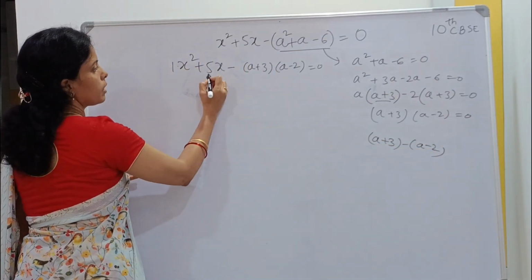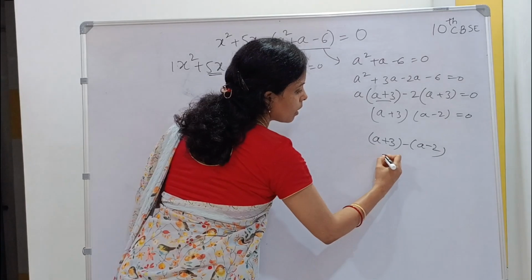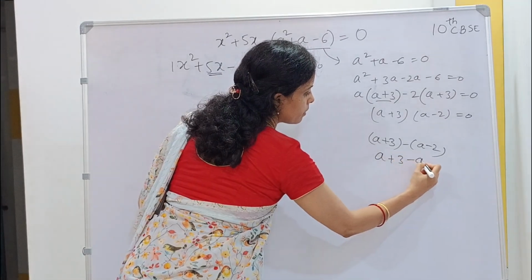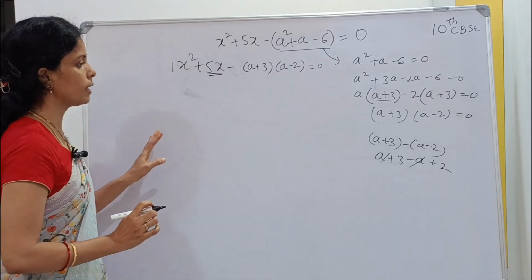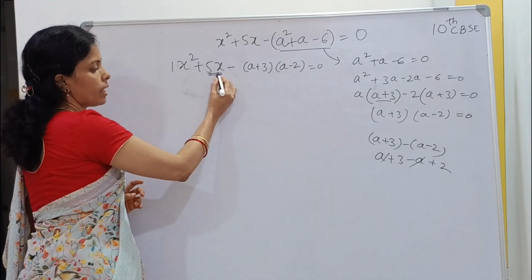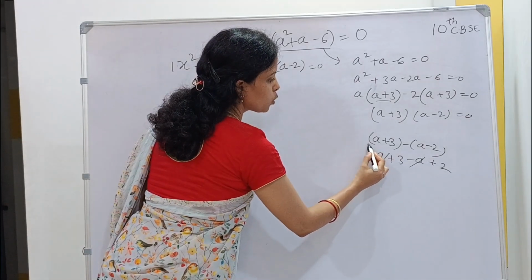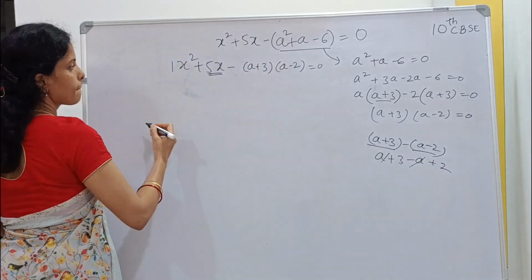When we do like this to get the middle term, the sum of the terms: a plus 3 minus a plus 2. Yeah, a is cancelled, 3 plus 2 is 5. So we are getting the 5x as the middle term. So let's take this and this.